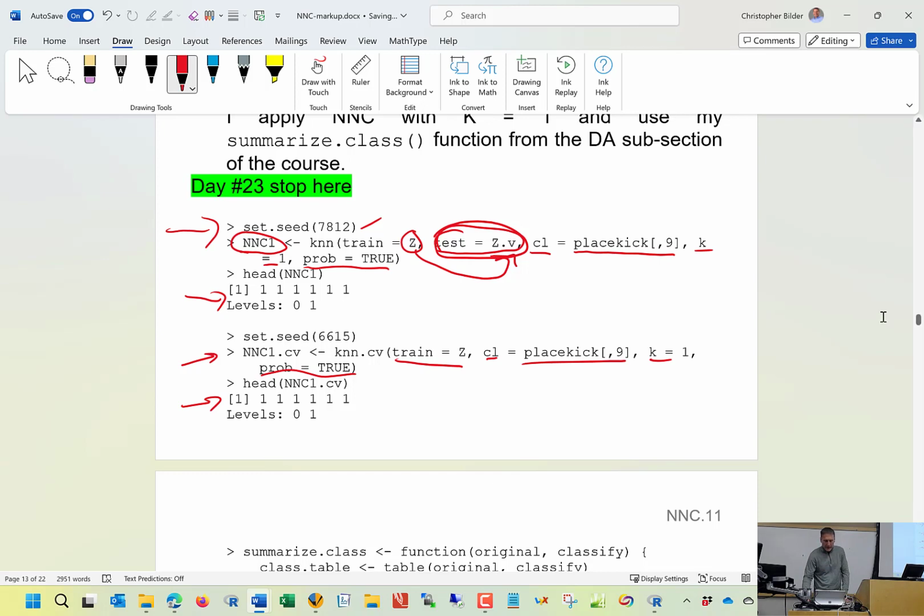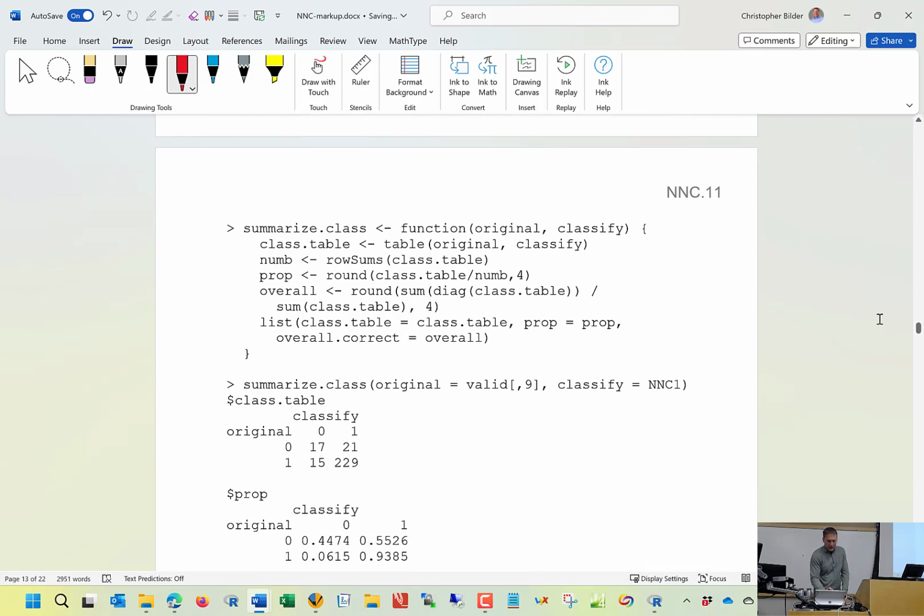Okay. So now we can go back to what we learned in the discriminant analysis section, and we can use the summarize.class function to summarize how well this procedure worked.